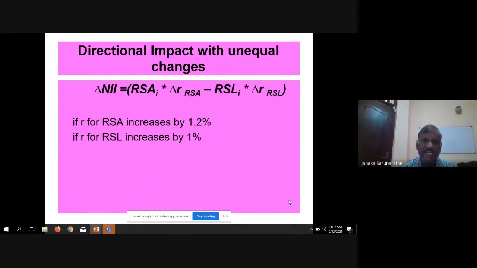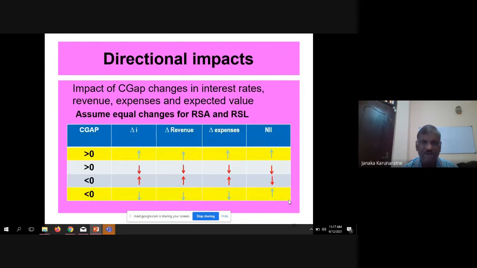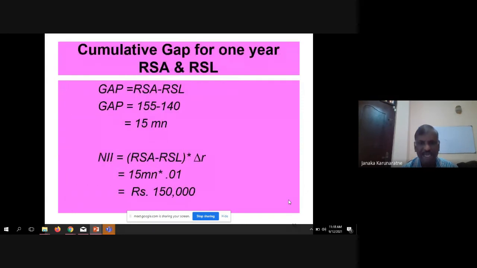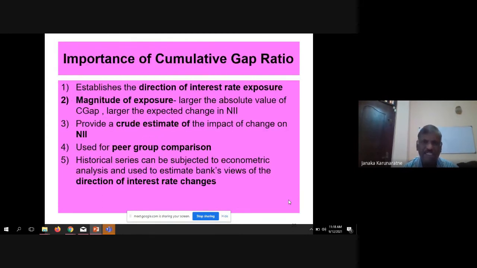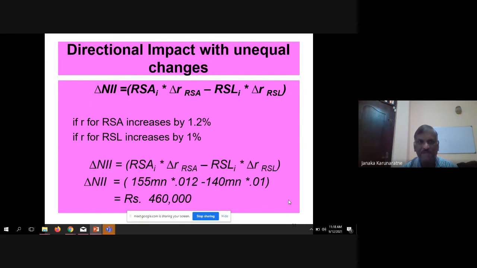So let's take the previous example, the very last example we did, where we assumed the interest rate went up by 1%. Now let's take the same example, but assume RSA rises by 1.2% and RSL rises by only 1%.